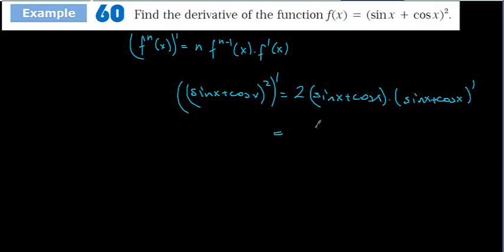That's equal to 2 times (sine x plus cosine x) times the derivative of sine x, which is equal to cosine x.